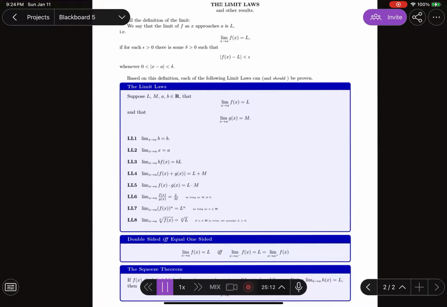So let me read a few of these. Let me grab a highlighter. I guess pink is okay. So suppose L, M, A, and B are real numbers, that the limit of f of x as x approaches a is equal to L, so we know this limit exists, and that's really important, and that the limit of g of x as x approaches a is M. Then all of these are handed to us as long as we are able to prove them.